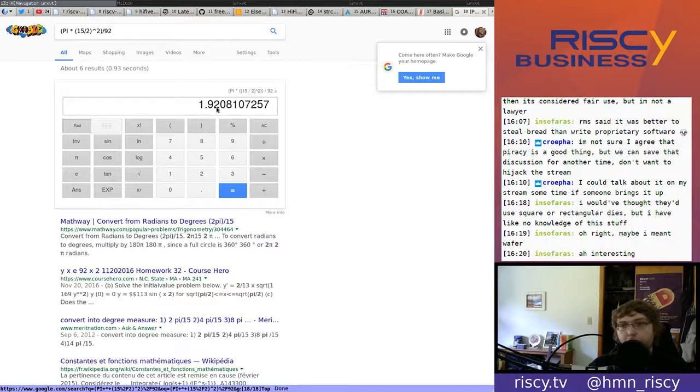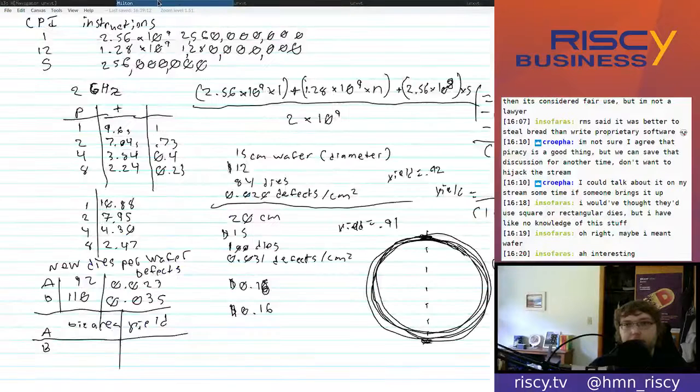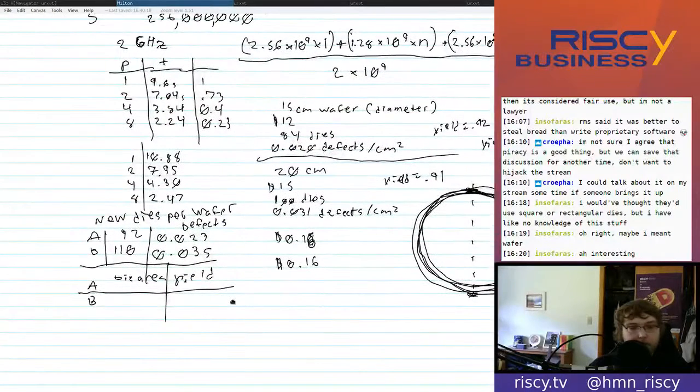So that gives us 1.92 centimeters squared per die. So let's say that one's 1.92.